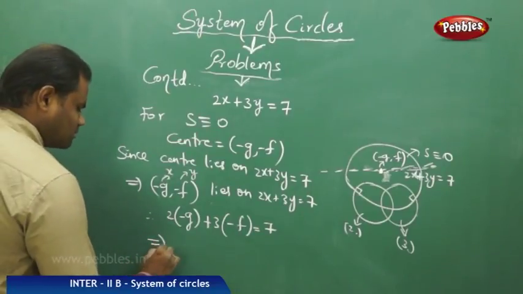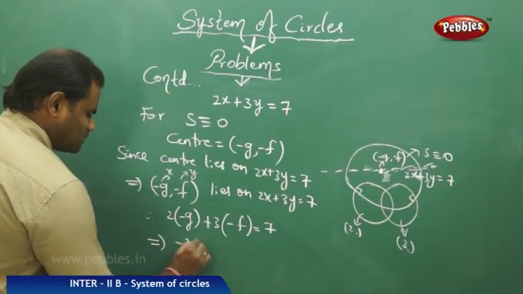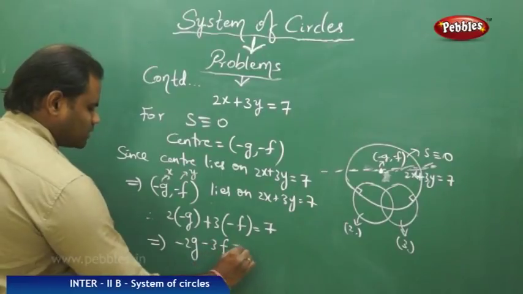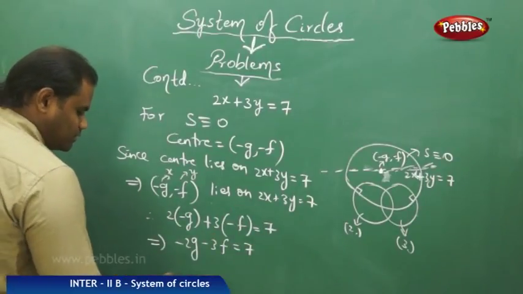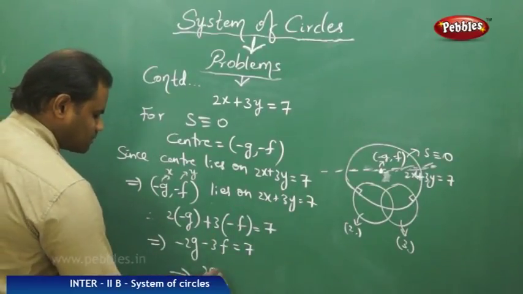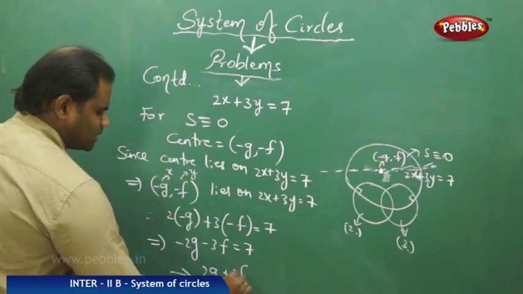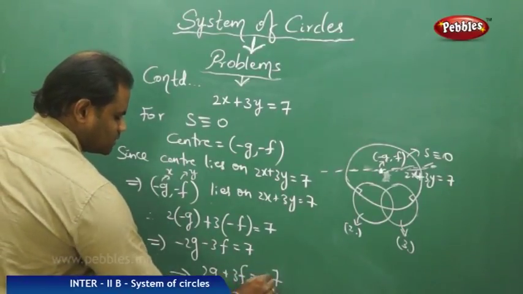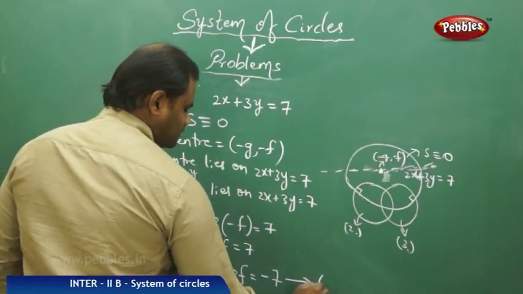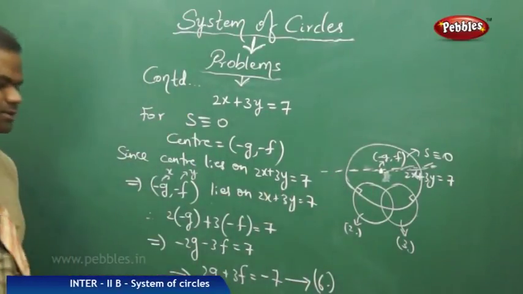So on simplification this gives minus 2G minus 3F equals 7, which on further simplification gives 2G plus 3F equals minus 7, which is equation 6.